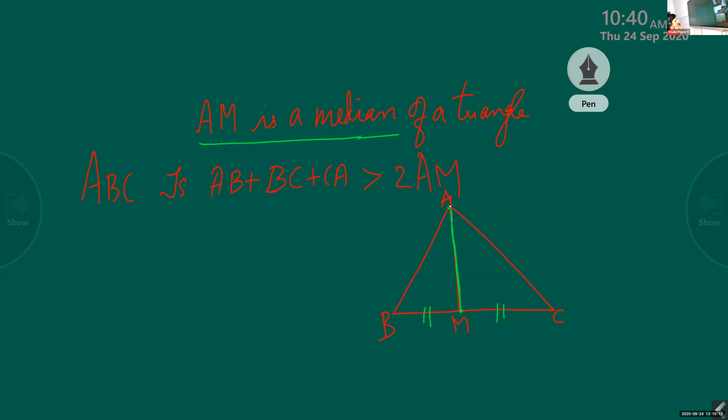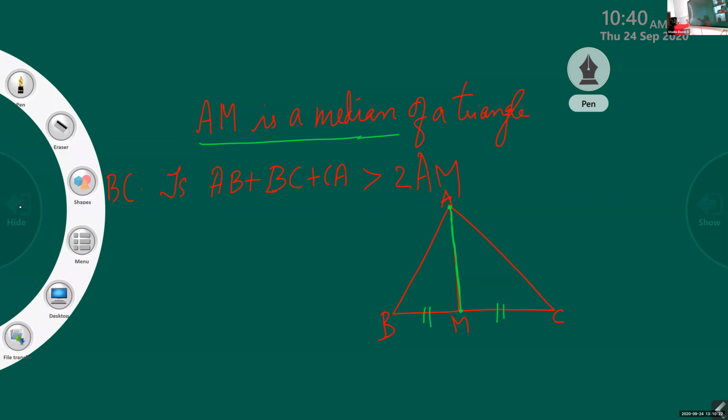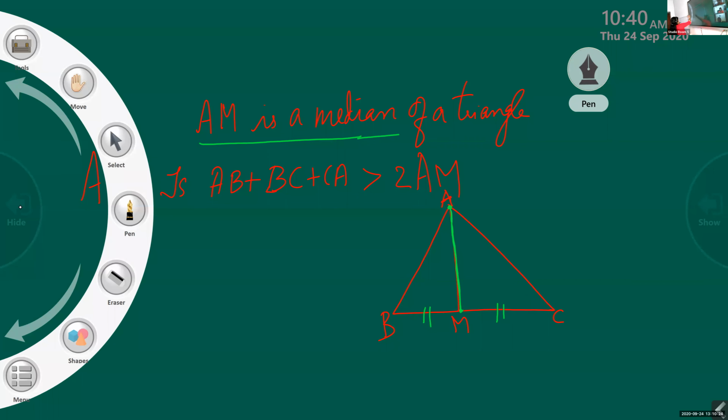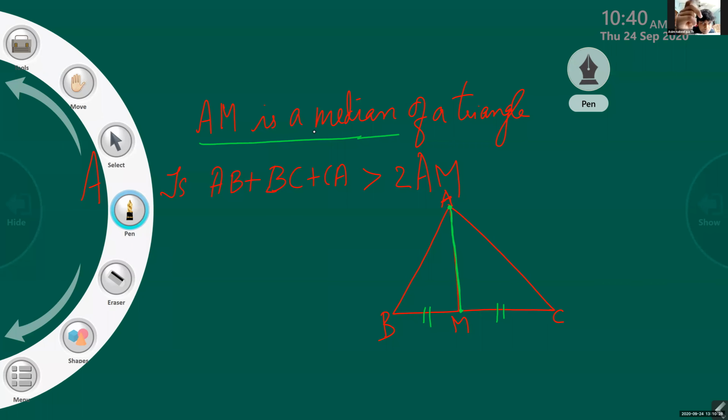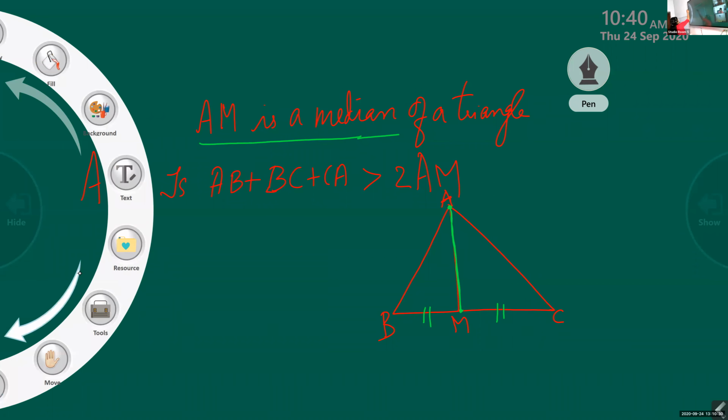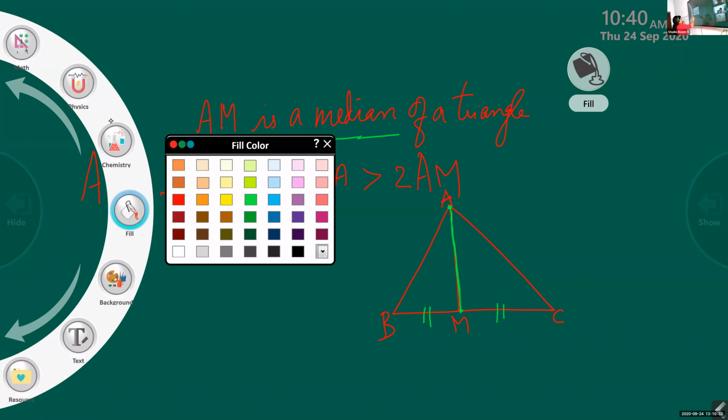Now, any ideas clicking into your mind? It is divided into two triangles, no? Not equal. It is divided into two triangles. Now, can you say anything about the question which we have discussed? Think about any idea which you can use.